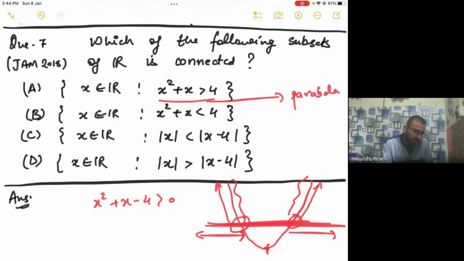So in parts A and B, option A is incorrect because it is not connected. Option B is correct. This will be the open interval between the roots, say alpha naught and alpha 1.